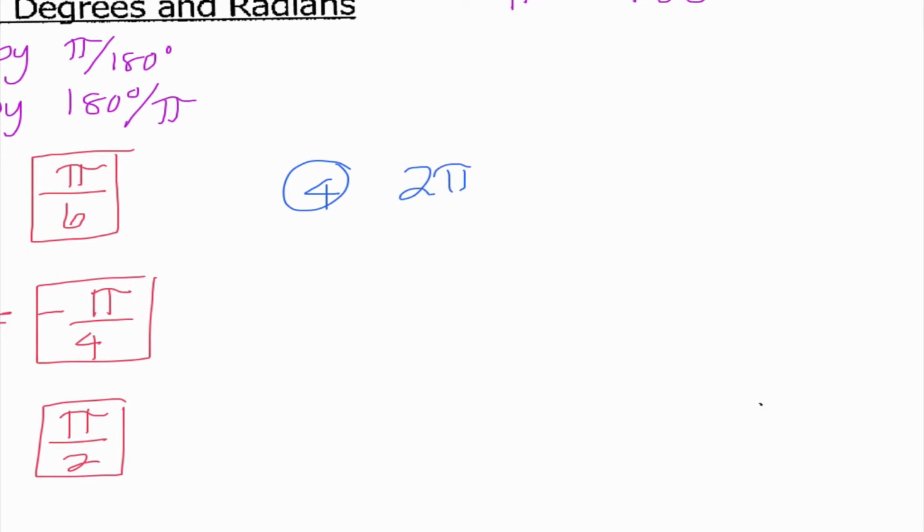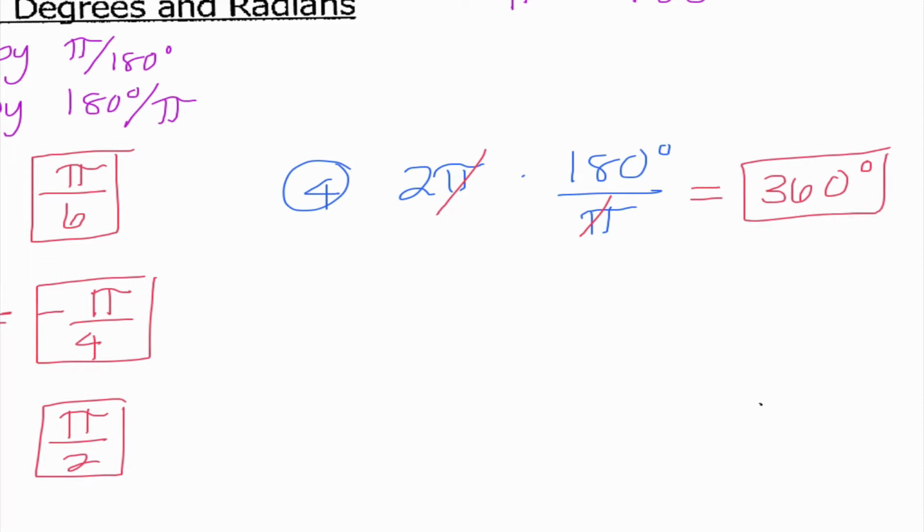There we go. If we have 2 pi, I would need to multiply this by 180 over pi. Notice my pi's cancel each other out, and I get 360 degrees. I cannot stress how important it is for us to label those degrees.